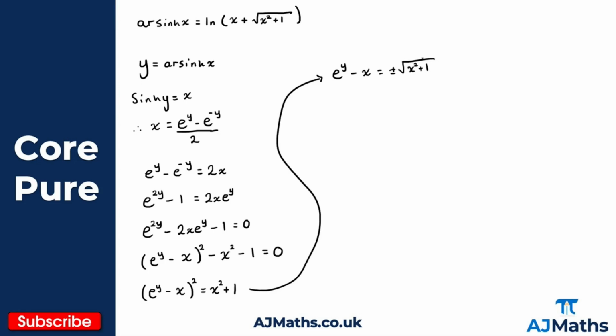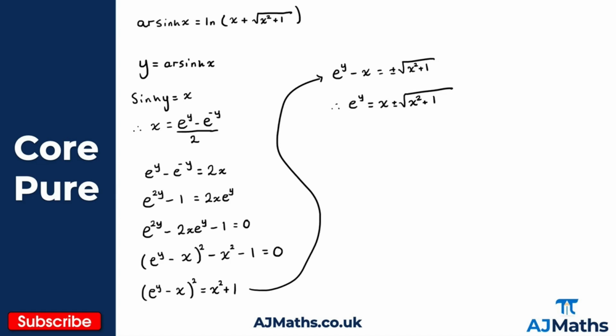Okay, and in that case then, we need to add x to both sides. So I'm going to get e to the y is equal to x plus or minus the square root of x squared plus 1. Okay, now we need to consider here whether we include both solutions. Now clearly we're not going to, because we can see that the final solution here only includes the positive solution.